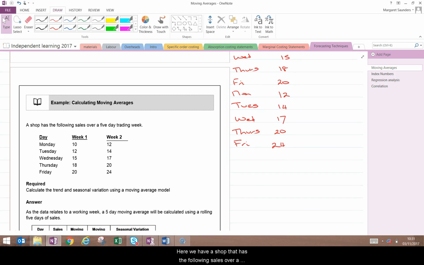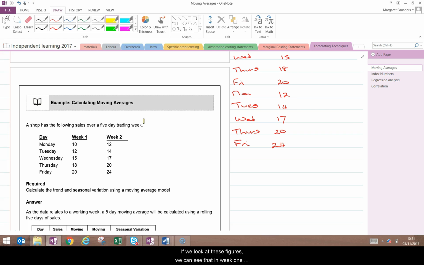So here we have a shop that has the following sales over a 5-day trading week. In week 1, Monday to Friday, we've been given the sales figures. In week 2, Monday to Friday, we have again been given the sales figures.